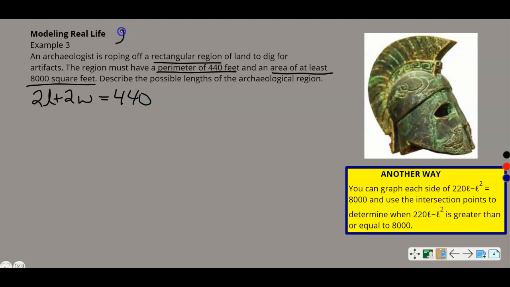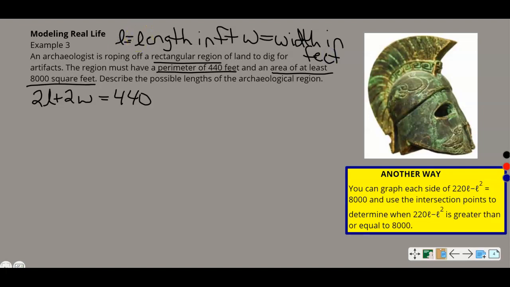Let L equal length in feet and W equal width in feet. We're just defining our variables there.